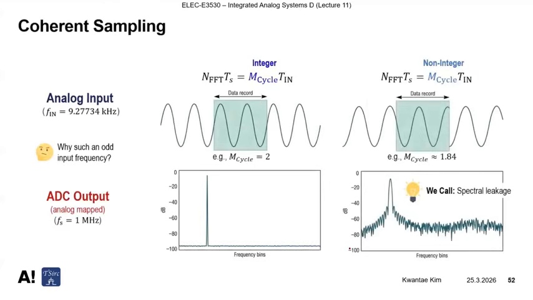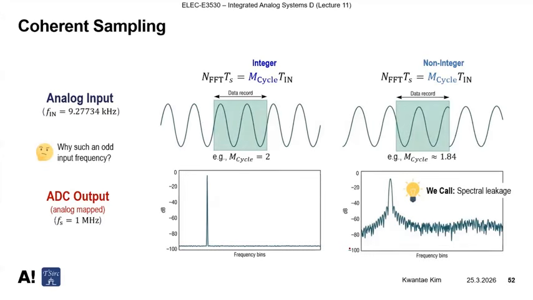This is a concept we call coherent sampling. For taking the FFT, it is important to match and align the samples for running the FFT or DFT, the discrete Fourier transform. When we take the number of samples as 2 to the power of n, it becomes an FFT, according to how we compute the DFT.